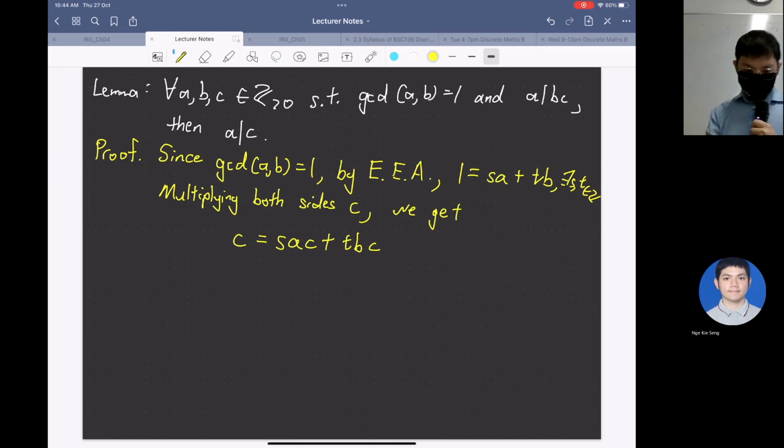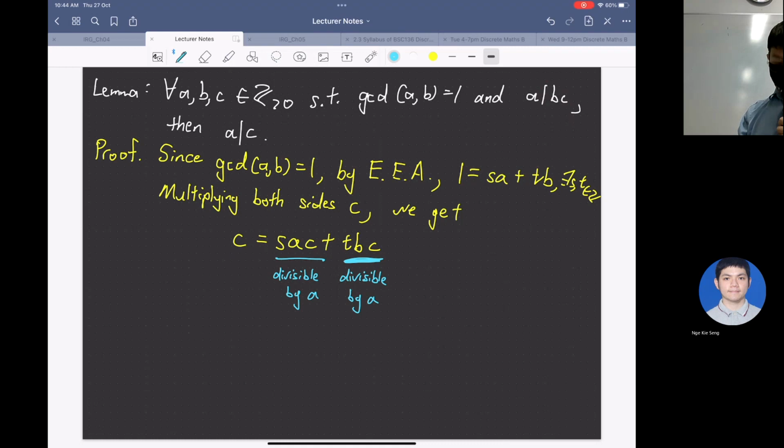So you notice that SAC is divisible by A, because you have A inside the product. Is TBC divisible by A? Yes, TBC is divisible by A. Why? Because A divides BC, so A divides the multiple of BC.